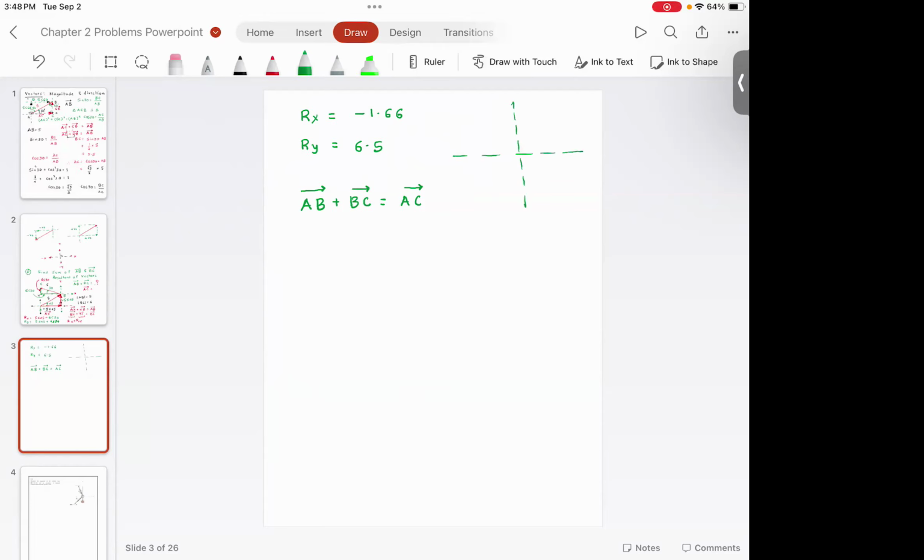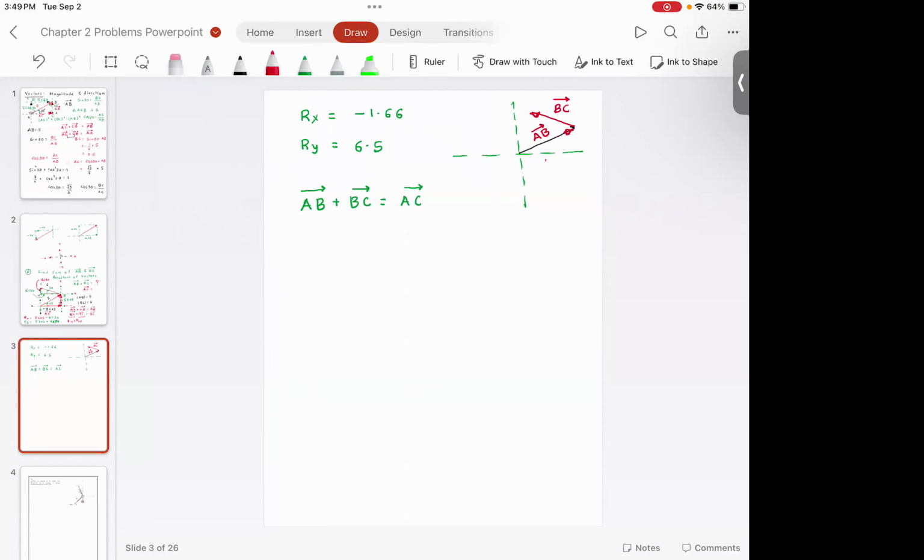Which means, imagine you have this vector here, and imagine you have this vector here. Let me show you what this means. You have one vector here, you have another vector here. So this is your vector AB, and then you have this vector BC.